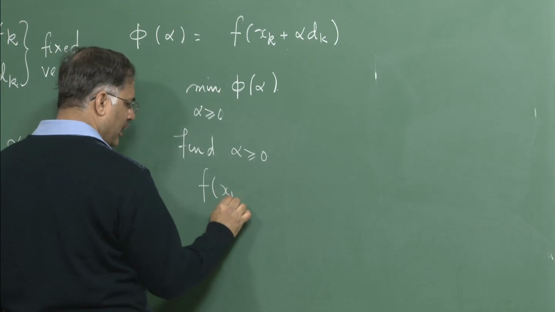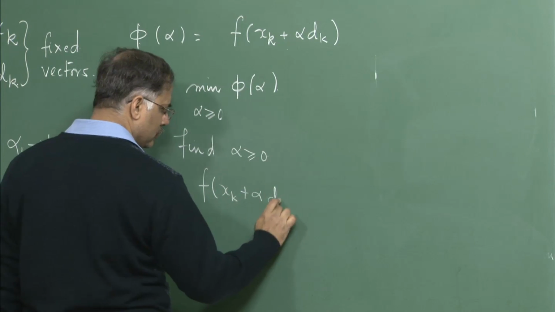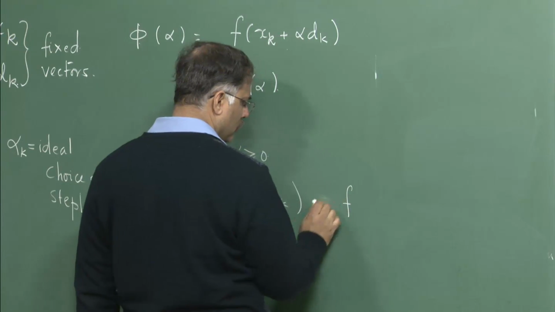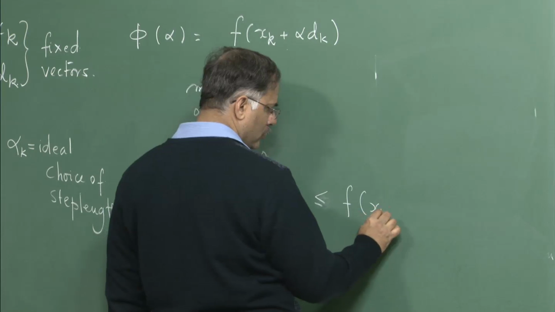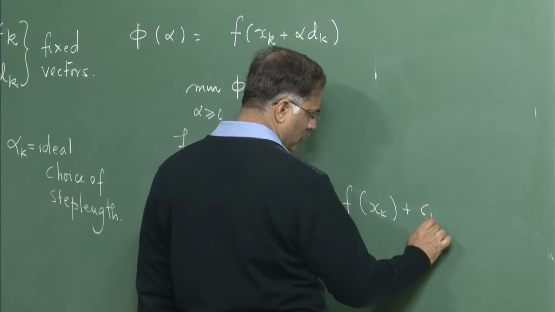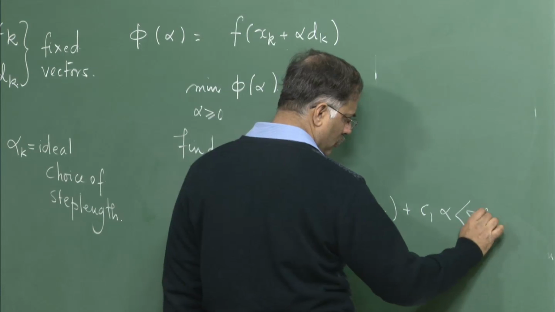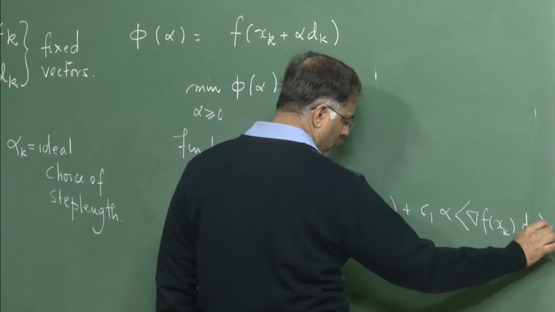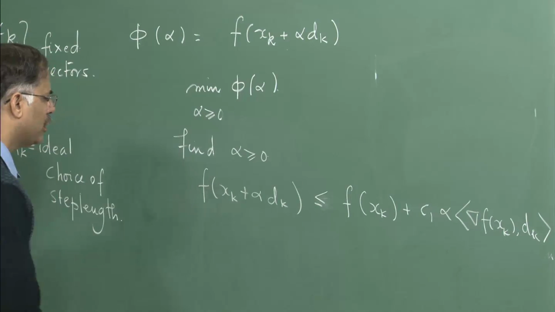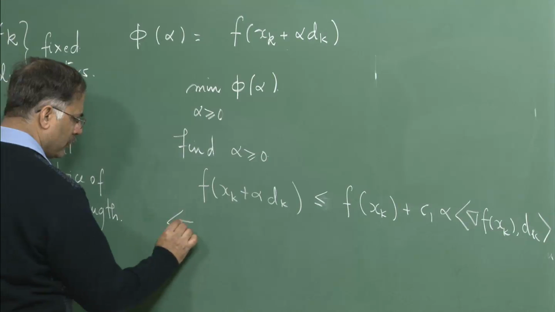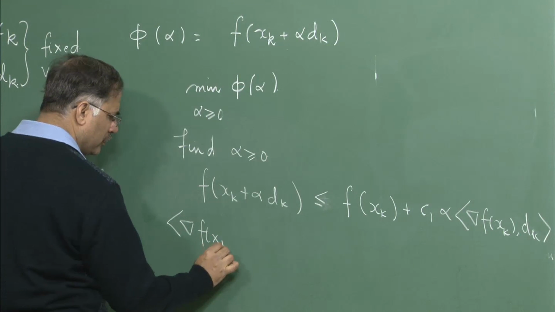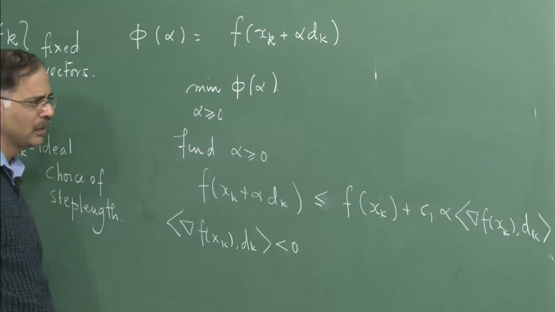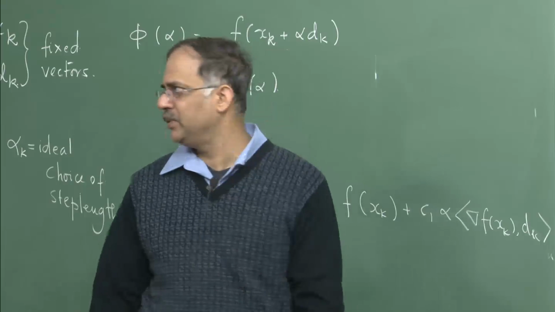Such that f of x k plus alpha dk satisfies the condition. Now because dk is the direction of descent, grad f of x k into dk needs to be strictly less than 0, but alpha is strictly bigger than 0, and c1 is strictly bigger than 0.